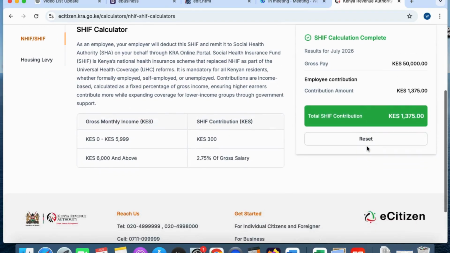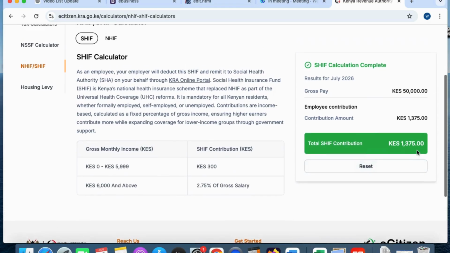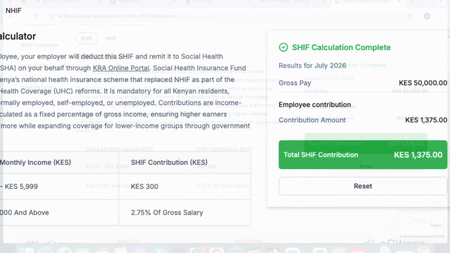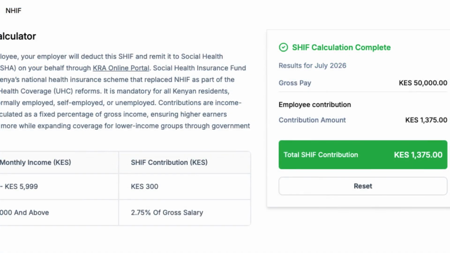For gross pay of up to 5,999, the monthly contribution is a fixed amount of 300. For gross pay that is above 6,000, the contribution is calculated at 2.75% of the gross pay. So in our example, we calculate 2.75% of 50,000, and this gives us a SHIF payment of 1,375. This is the same SHIF contribution that we got earlier when we used the PAYE calculator.